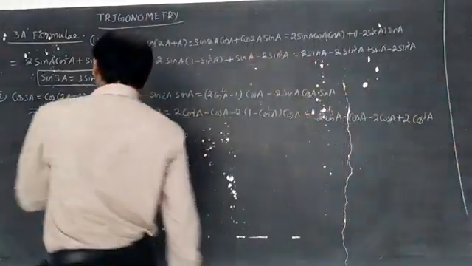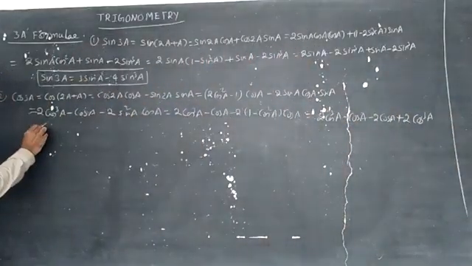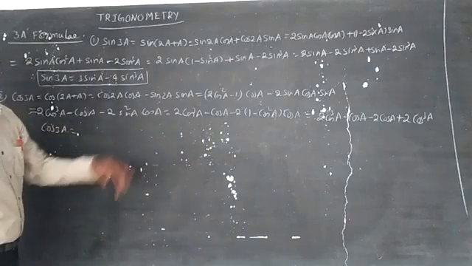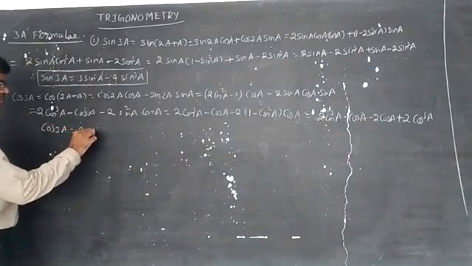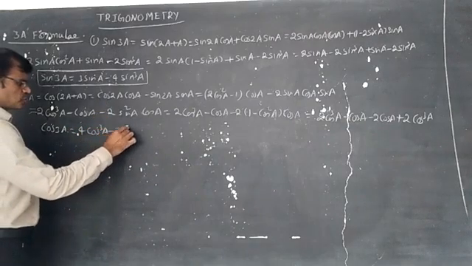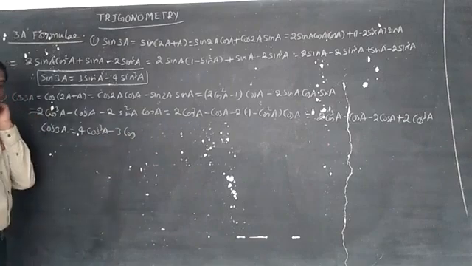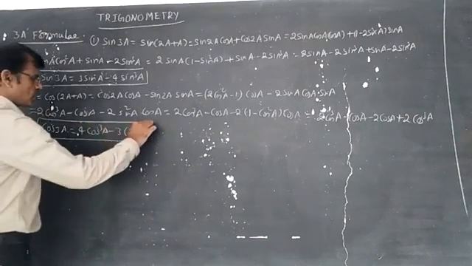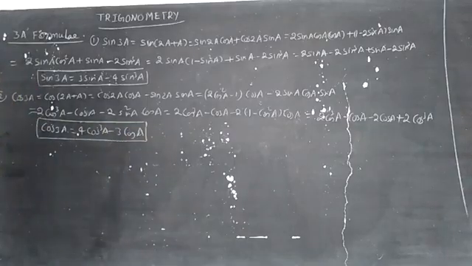Therefore, 2 cos cube A plus 2 cos cube A gives 4 cos cube A. So the cos 3A formula is 4 cos cube A minus 3 cos A. 4 cos cube A minus 3 cos A is correct.